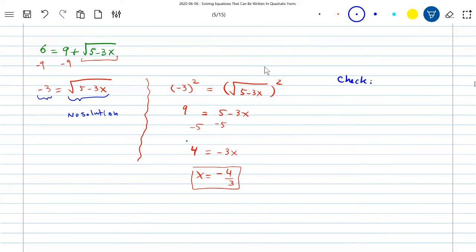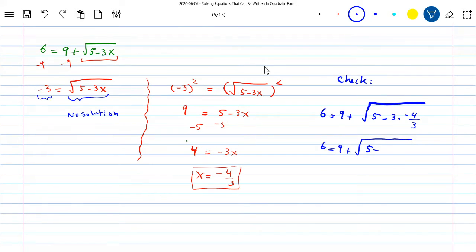What if I check that solution? If I replace -4/3 into the original equation, 6 equals 9 plus the square root of 5 minus 3 times -4/3. What does it simplify to? 6 equals 9 plus the square root of 5 minus -3 times -4/3.